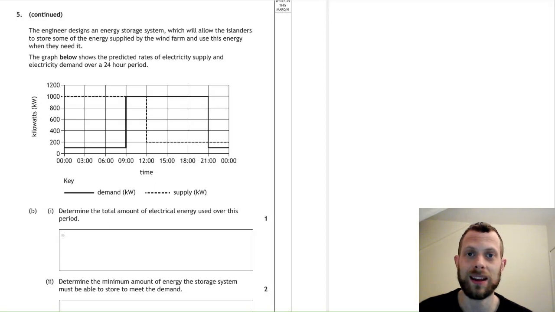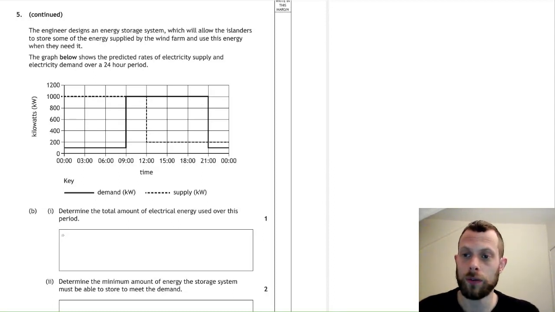And that will be in kilowatt hours. And this, in fact, is the area underneath the graph. It's the total amount of energy used, so that is the demand. So we need the area underneath the unbroken black line.